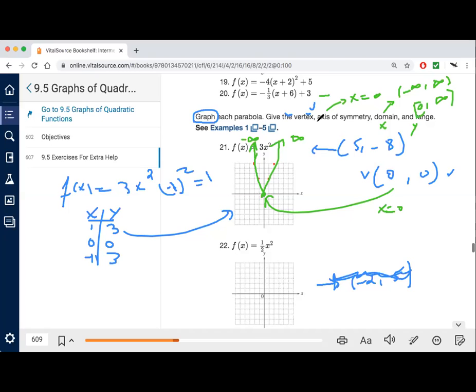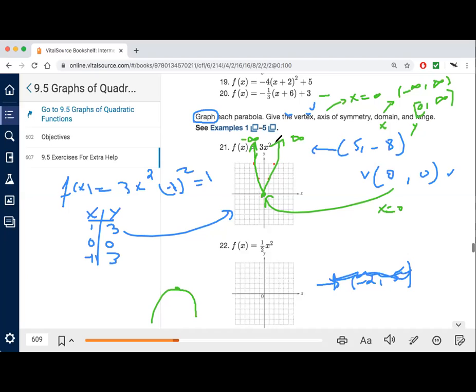So you need to do all of these because that's what the question says, not just the vertex as we did earlier. Graph the parabola, take a few x's, 3 to 5, take at least 5, positives, negatives, and 0. Find the y, put those in a graph, see the shape of the graph, and you'll see the vertex from it. It could be going down. If it's going down, then this is a vertex. If it's going up like this, that's a vertex.